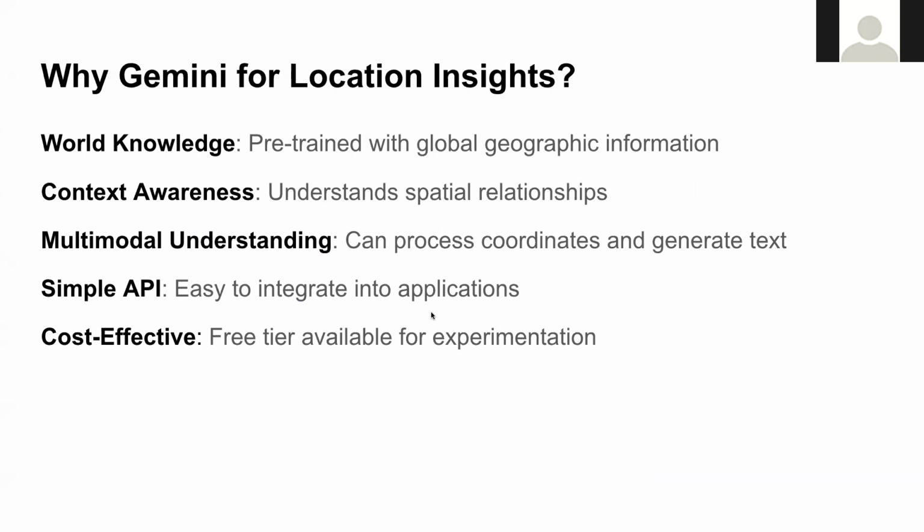It has extensive knowledge retained in its model, basically with Google Maps data or other longitude and latitude based information, and probably would be getting those updates from Google Maps as well. The model demonstrates strong spatial awareness and understands the relationship between locations and their significance. Its multimodal capabilities allow it to process coordinate data and generate relevant contextual descriptions.